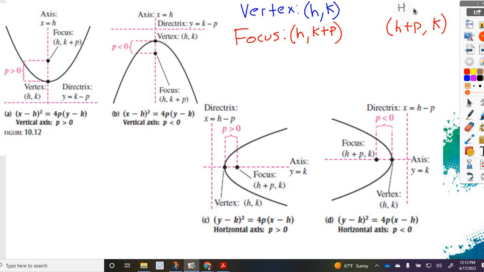So like this second one is if it's horizontal. Now our directrix, again, is still just p units away, but it's in the opposite direction, so now we subtract instead. So we either have y equals k minus p if it's up and down, or x equals h minus p if it's left and right.